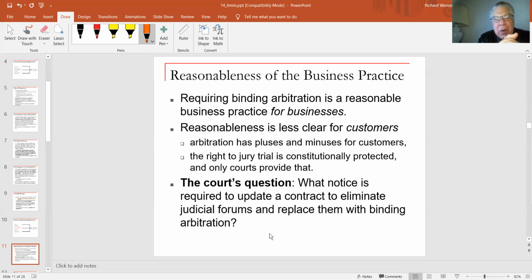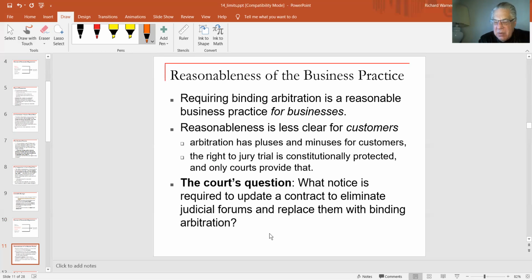We don't have that here. Here we have, from a business point of view, a pretty reasonable business practice. Businesses want alternative dispute resolution, binding arbitration, say, or mediation. That's a very reasonable business practice for the business. It makes their legal liability a bit more predictable. It's because the process is faster.